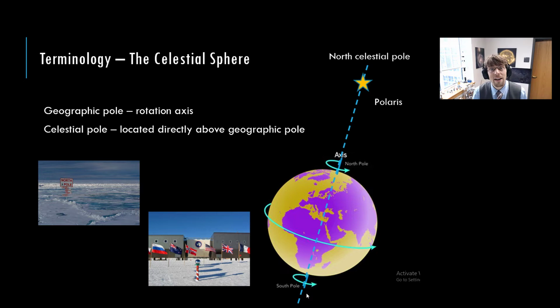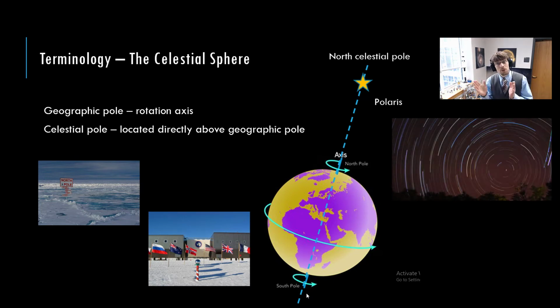And because of that, Polaris is very helpful, for example, in finding which direction is north, right? If it sits on the North Celestial Pole, the North Celestial Pole is directly above geographic north. So if you can identify Polaris and walk towards it, you are basically walking north on the Earth.